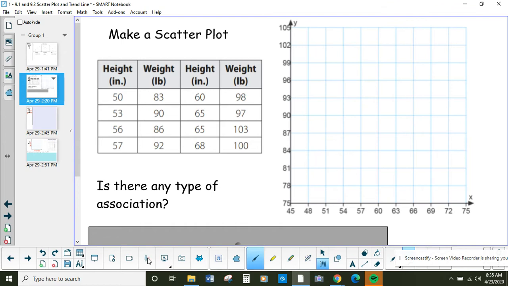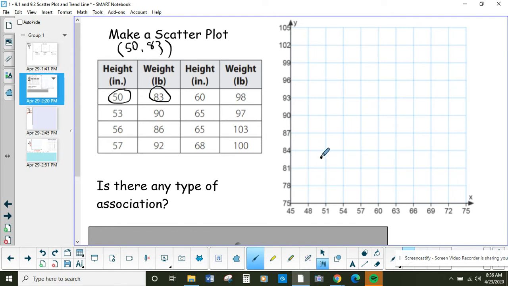So if we had to make a scatter plot, then it would go back to way back when we just reviewed how to plot a point. So if my x is 50, that's side to side, and my y is 83, see where I'm getting the x and the y from? Then I would go over to 50 first, and then up to 83, and I would make one point.